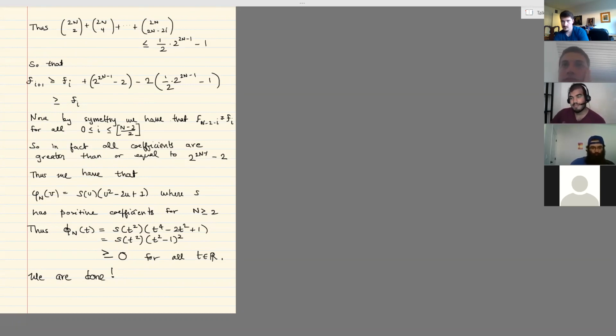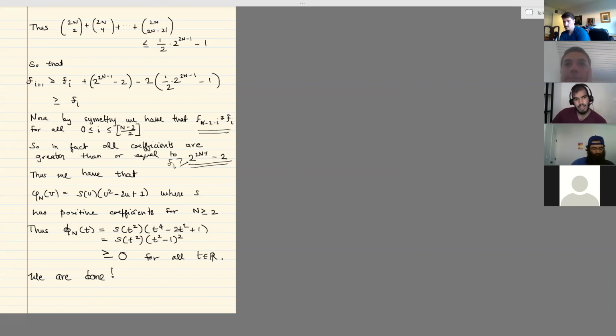But now by symmetry, since we know that this condition holds, we have that for all coefficients, f sub i is actually greater than this number over here. So we're done. We have proved that the quotient actually has positive coefficients.